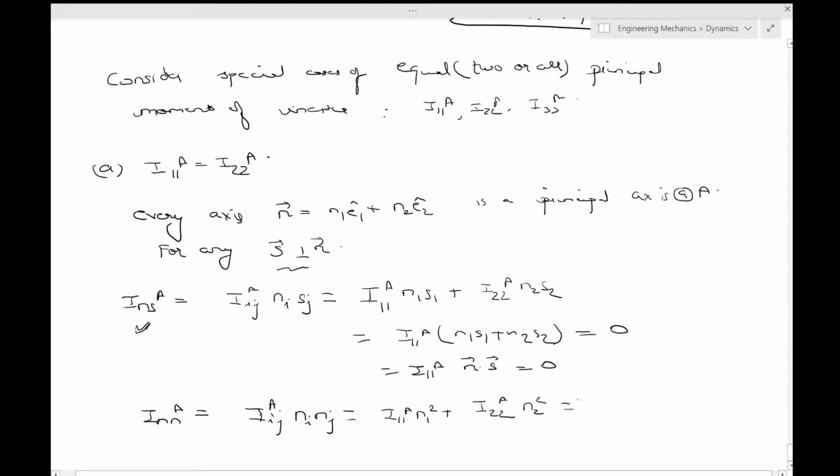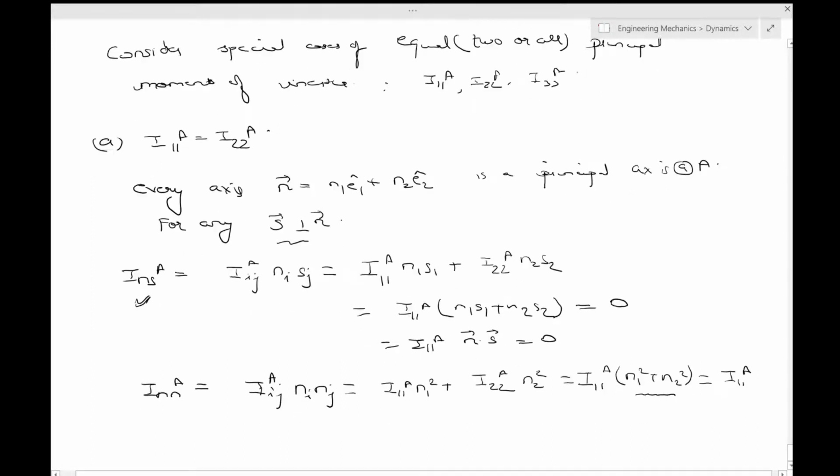Since I11 is the same as I22, let's take it outside, and this is n1 square plus n2 square, which will be equal to 1. Okay, because this is just the magnitude of your direction vector, and that's always 1.